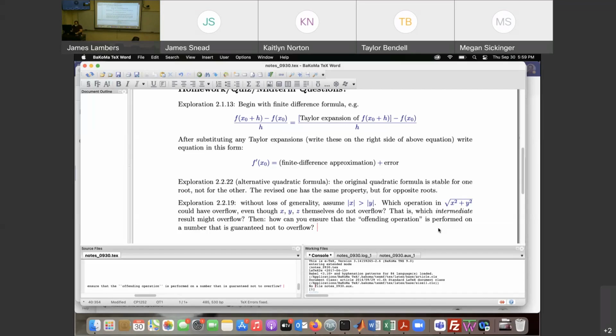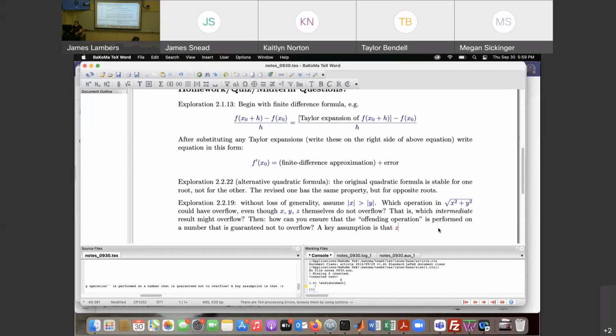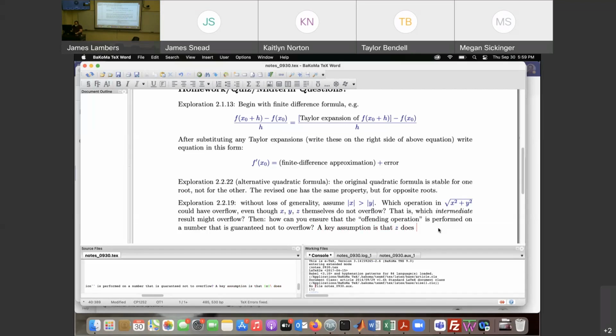Now, a key assumption we're making here is that z itself does not overflow.